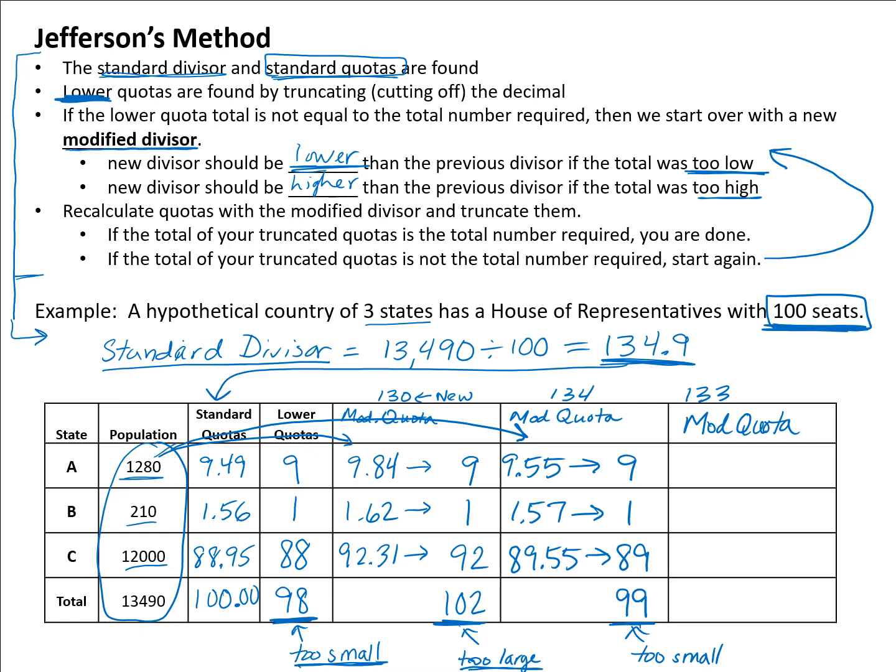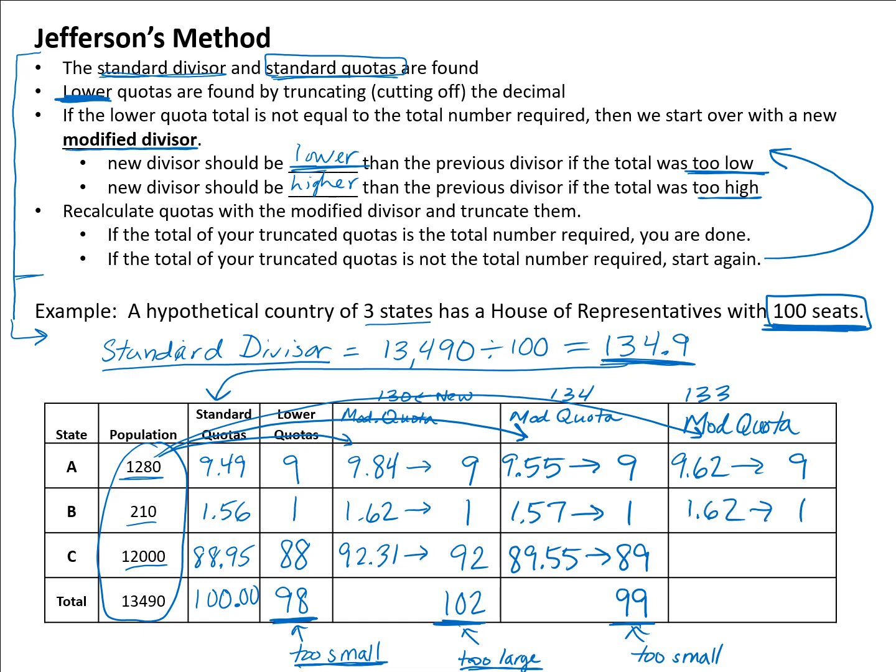So once again, take the population. Now we're dividing by 133. So 1280 divided by 133 gives me 9.62. Cut off the decimal, that's 9. Then we have 210 divided by 133 is 1.62. Cut off the decimal, that's 1.